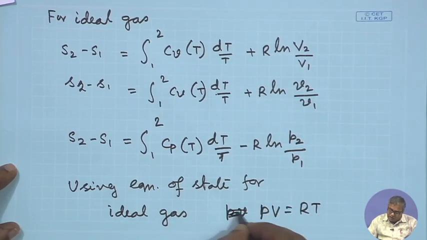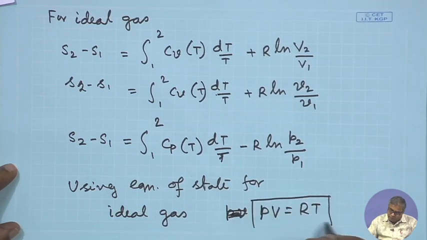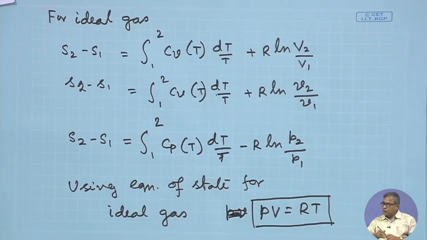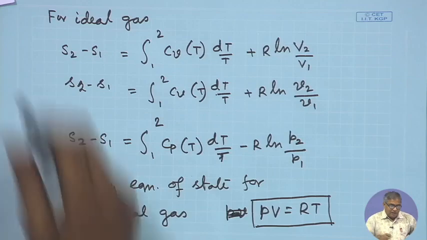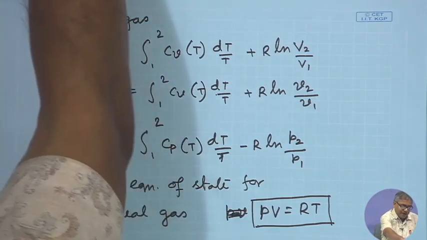So, this equation I have used. With this we have the idea how entropy change for different substances, solid, liquid and ideal gas, can be calculated. Real gas we are not covering, as it is not a course of thermodynamics. People who are interested can refer to any standard book of thermodynamics.